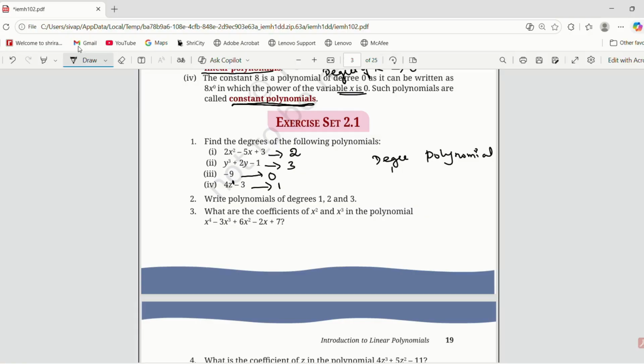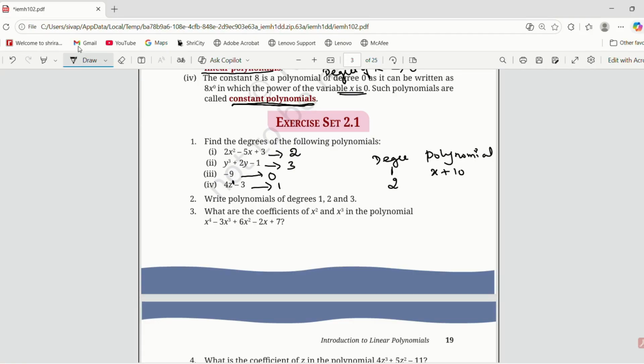So the other value should be less than 1. So I am starting with x to the power 1, which is simply x, plus some constant value. Whether you include the constant or not is not required, but if you want to include it, its degree should be less than 1, that is degree 0, a constant. So you can include any constant here. Here I'm writing it as 10. So x plus 10 is such a polynomial whose degree is 1.